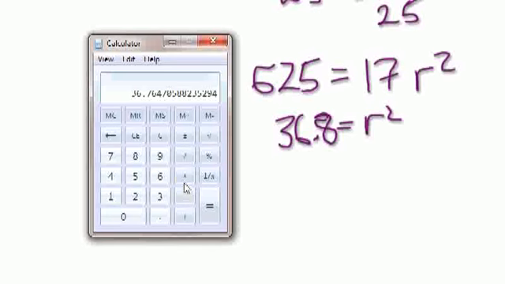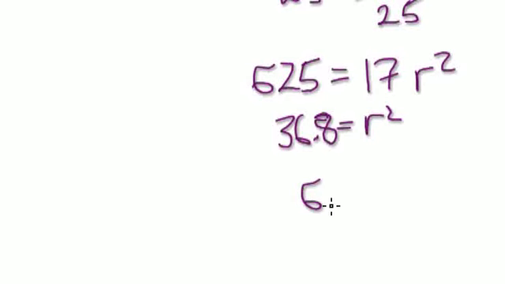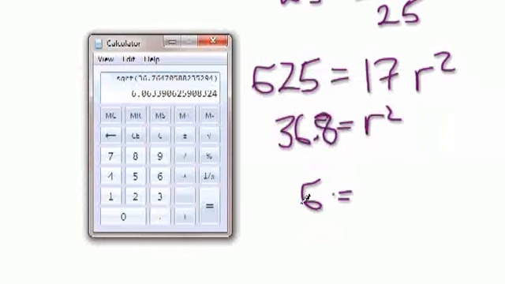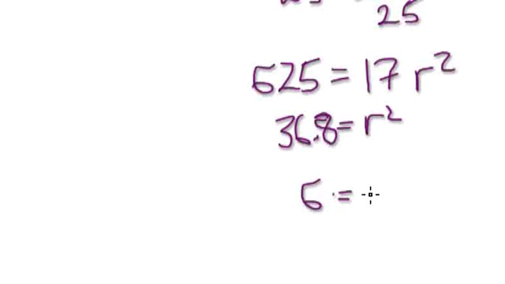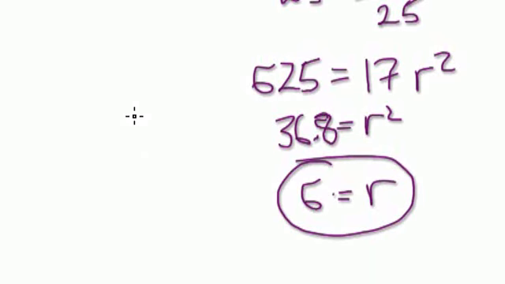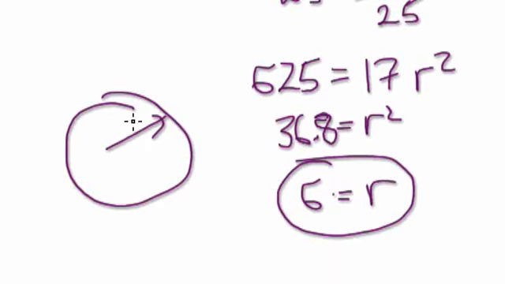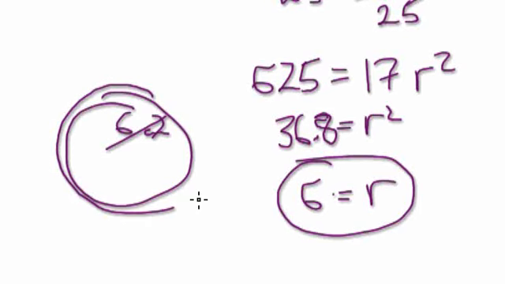That would be roughly 6, so let's round off to 6. So r equals 6, and the radius of the sweet will be 6 centimeters. So when you have a budget of 25 pence, you can cover a sweet of radius 6 centimeters.